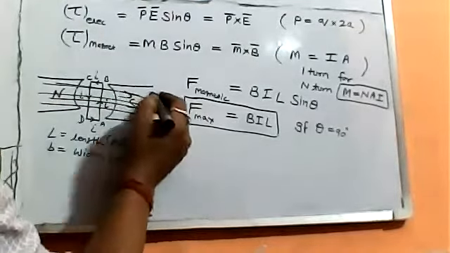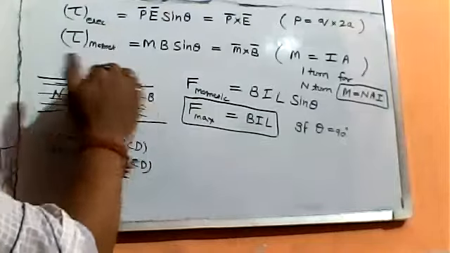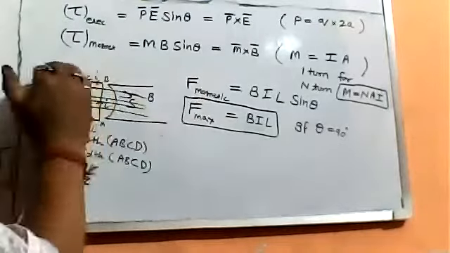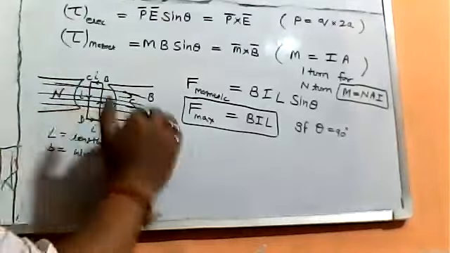Which other side is also perpendicular to the magnetic field? See on the board. AB and CD, very good. And BC, from the diagram you can easily see, is parallel to the magnetic field.